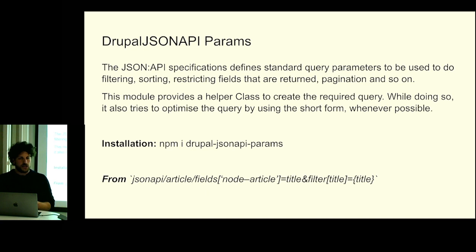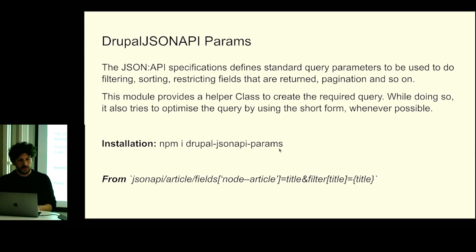While building my application, I used the JSON API params. So as we saw before, we were building our query string, basically writing the name of the fields and everything like this. So if you want, you can put it here and then pass also variables.